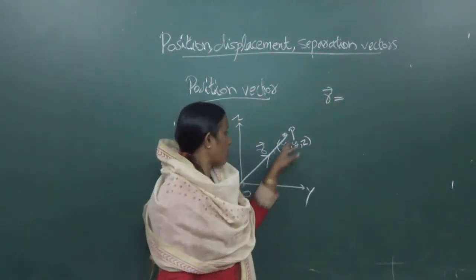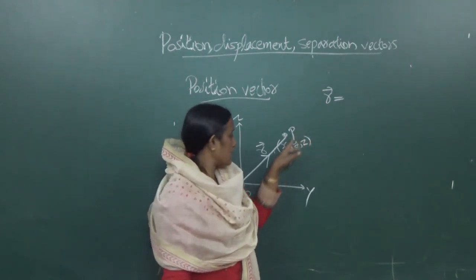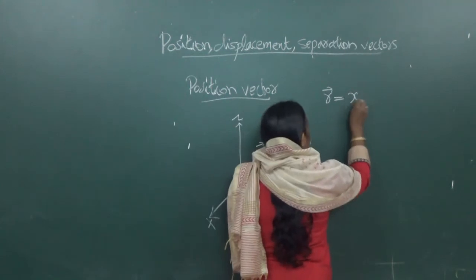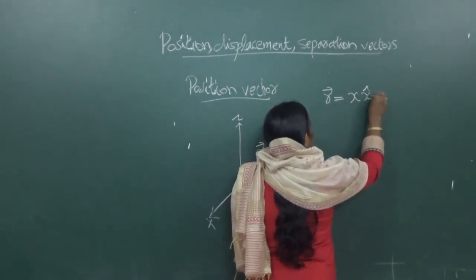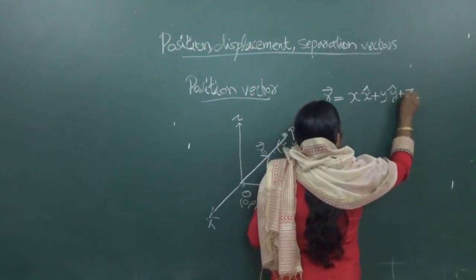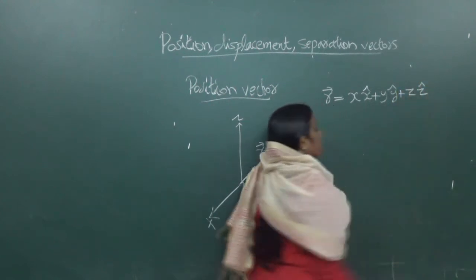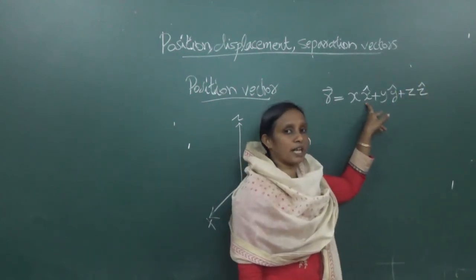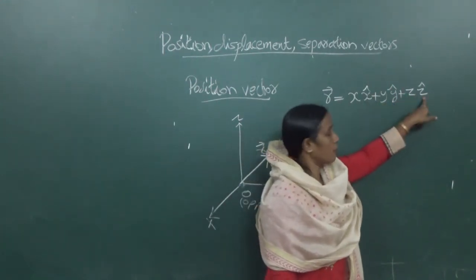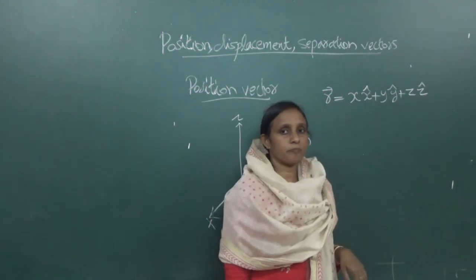Because we already located the point P at x, y, z, R equals x x-cap plus y y-cap plus z z-cap. x-cap is the unit vector along the x direction, y-cap along the y direction, z-cap along the z direction.